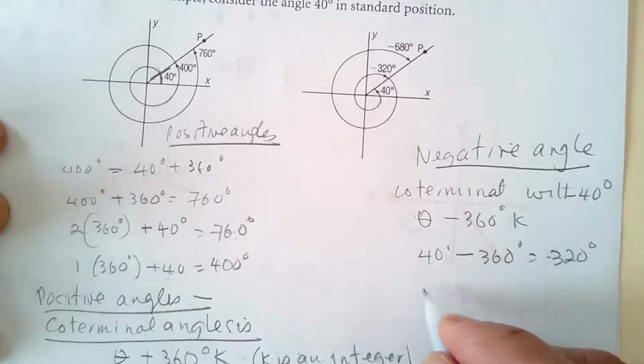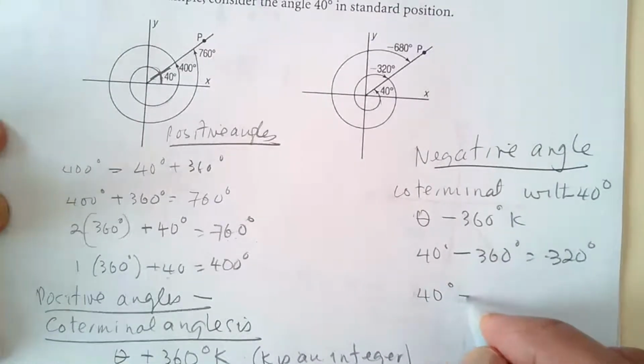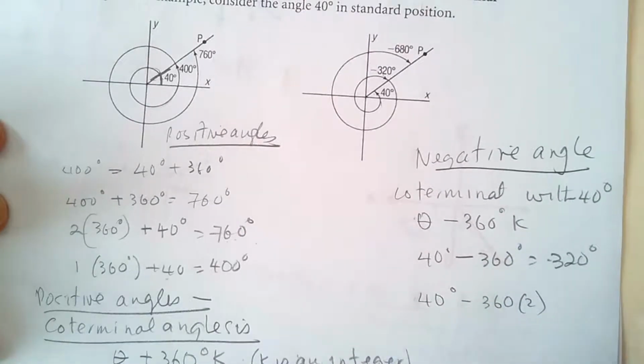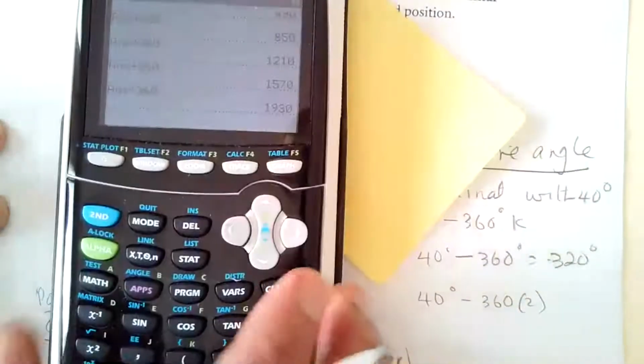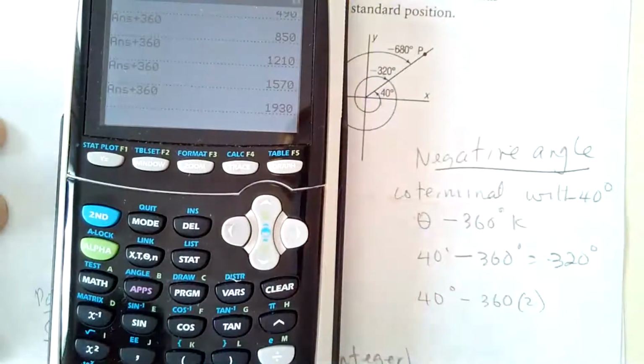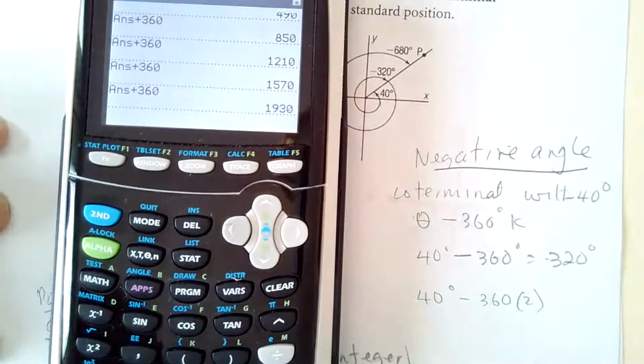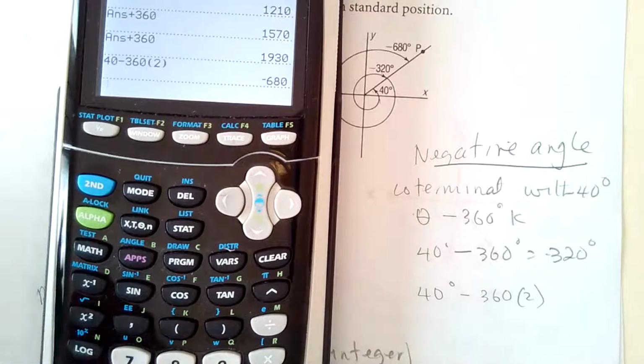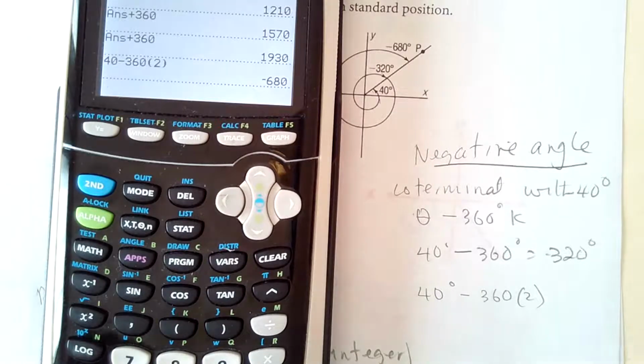If we continue, 40 degrees minus 360 times 2, let's get a little calculator here. 40 minus 360 times 2 would be negative 680.